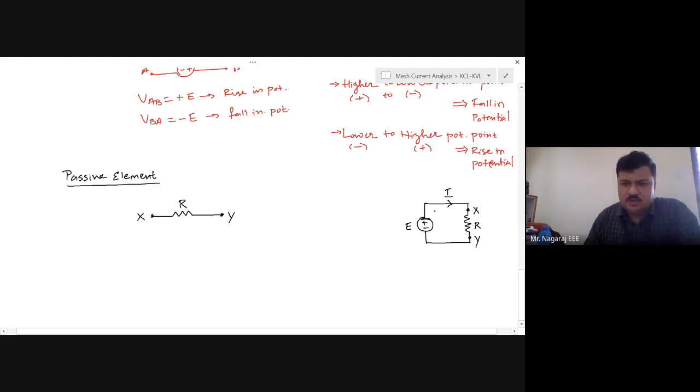Now, we know one fact about the electric current: current flows from higher potential point to lower potential point. Is it true? Yeah, conventional current. I am talking about conventional current. Current flows from higher potential point to lower potential point.